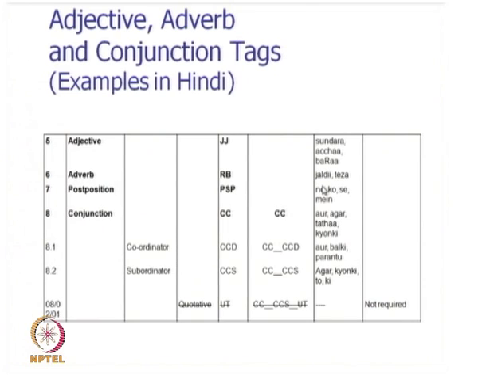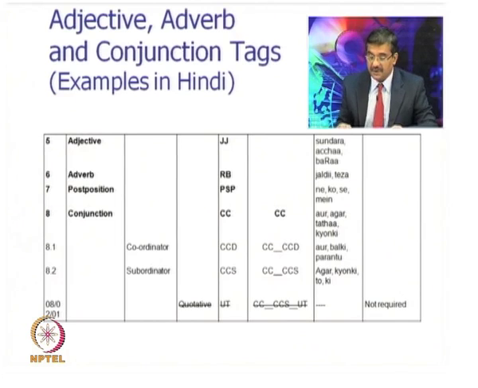But in languages like Marathi and Dravidian languages, these PSPs get attached to the noun itself, and therefore, they become what are called vibhaktis and Shabdayogi Avyay. I will write these two terms which are very important for Indian language processing.